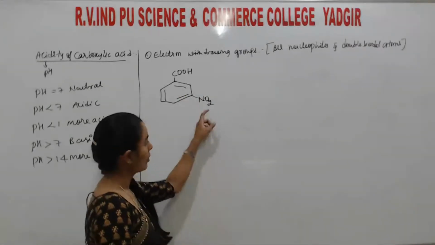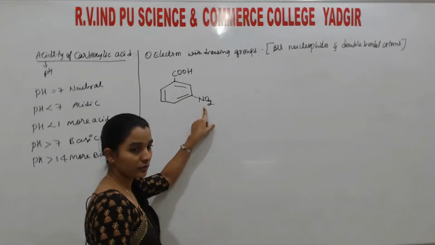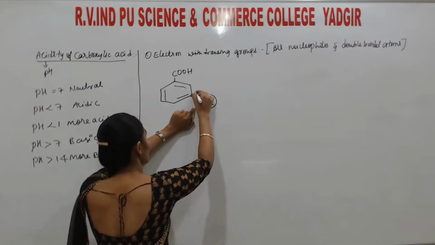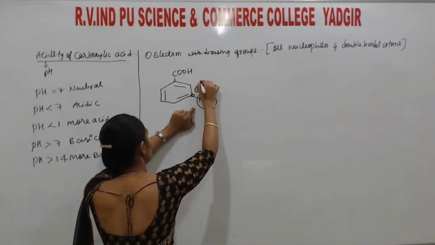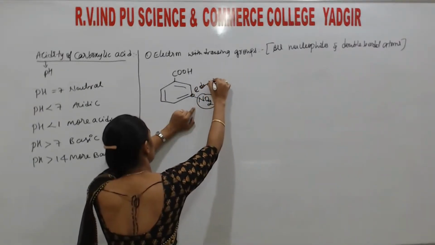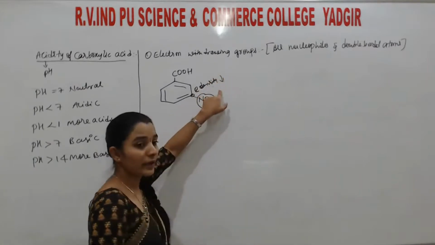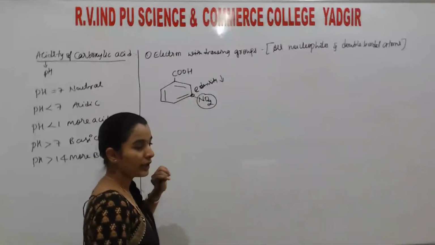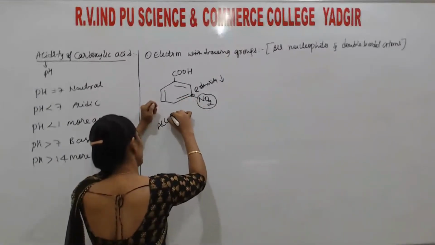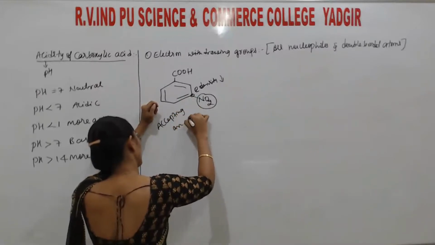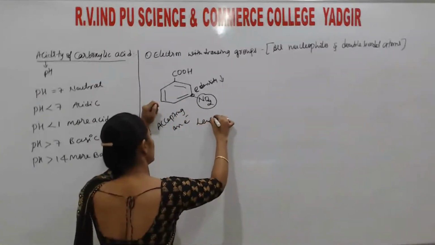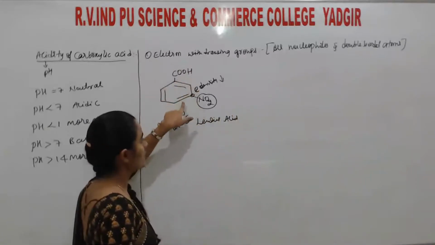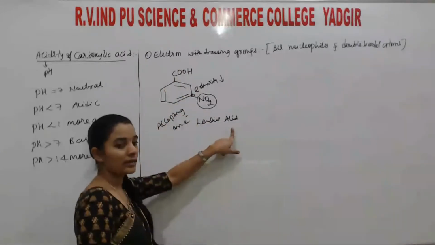It withdraws the electron towards itself, so at this carbon electron density decreases. If electron density decreases, it requires an electron to maintain neutrality, so it prefers accepting an electron and acts as a Lewis acid. So if electron withdrawing groups are present on the carboxylic acid, they increase acidity.